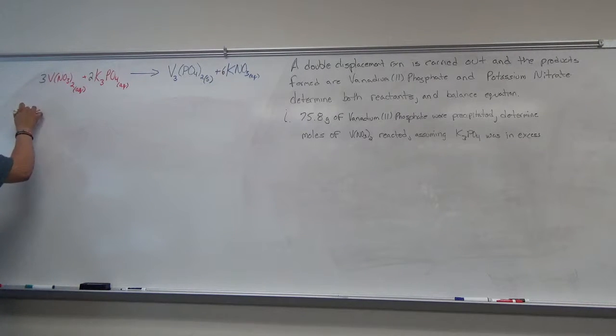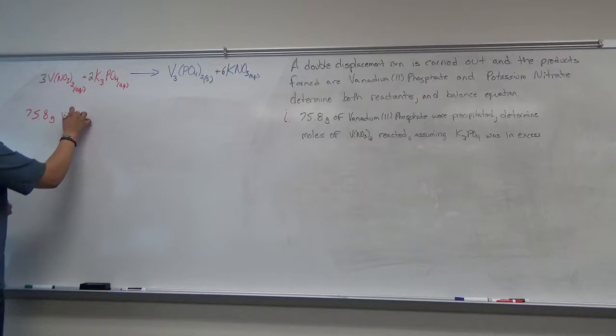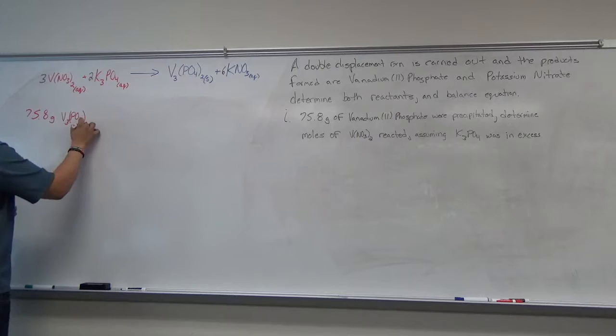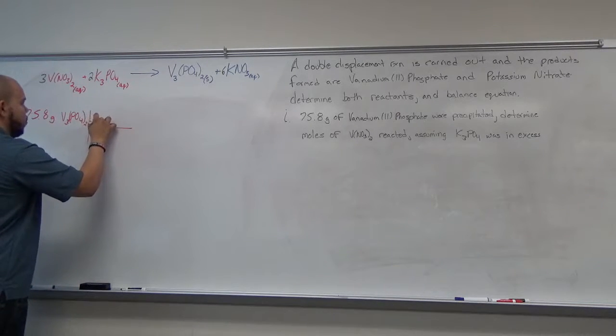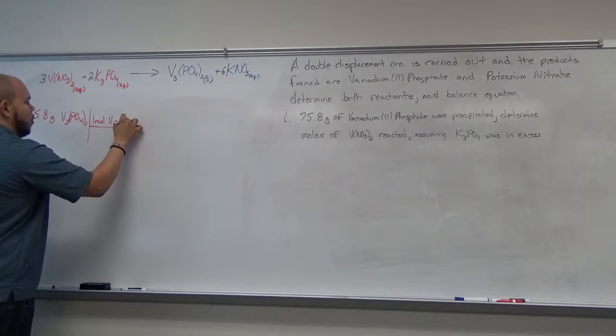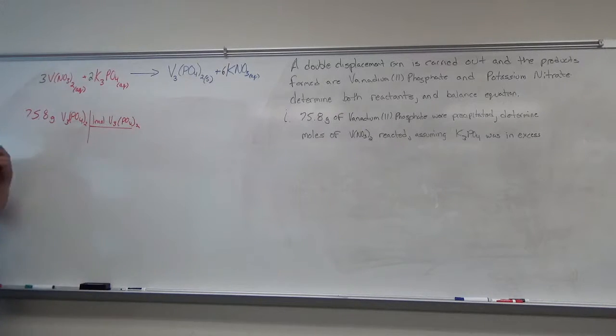So 75.8 grams of V3(PO4)2, and we need to go to moles. Molar mass on this. We need 3 vanadiums, 2 phosphorus, and 8 oxygens. I tend to build this in the calculator as parentheses, 3 times vanadium molar mass, close parentheses, plus parentheses, 2 times phosphorus, so on and so forth.